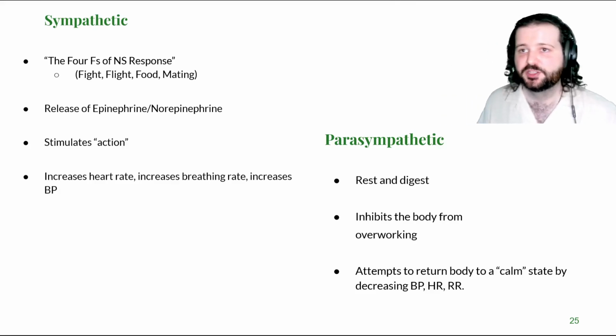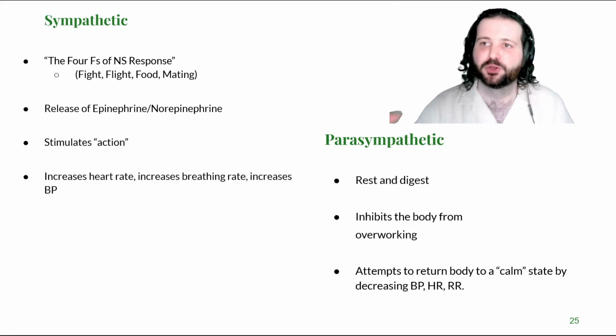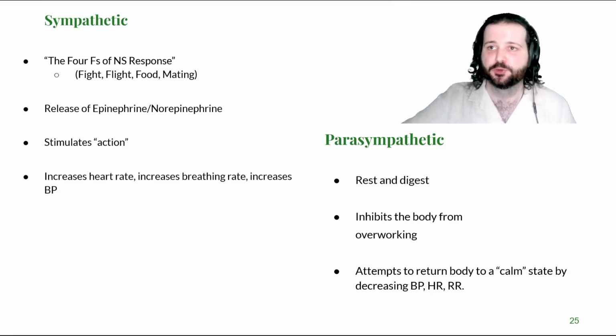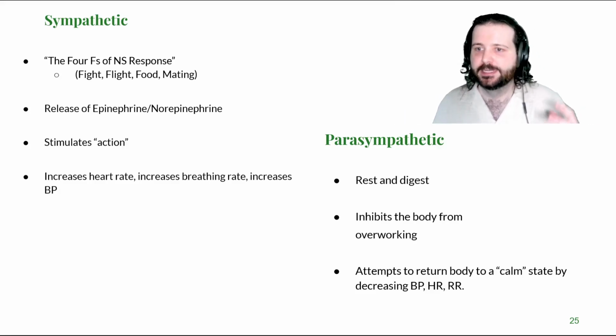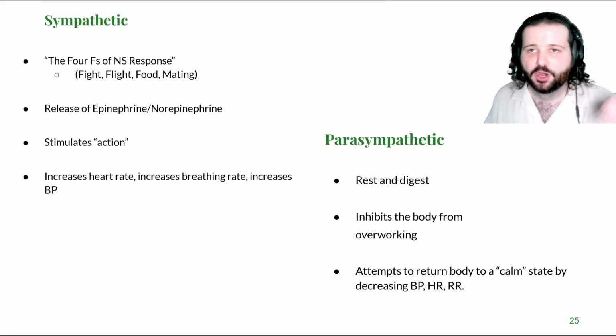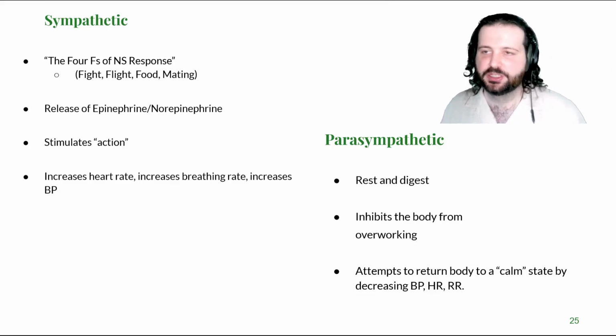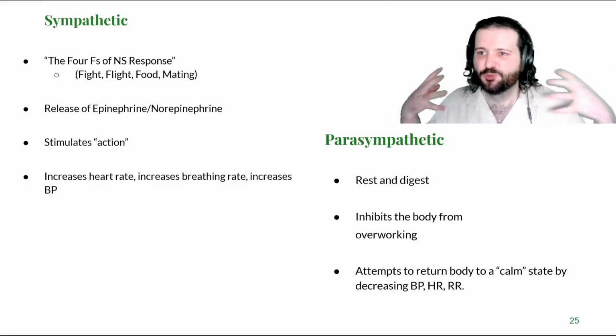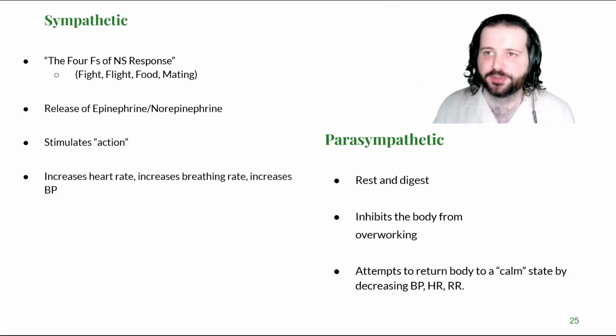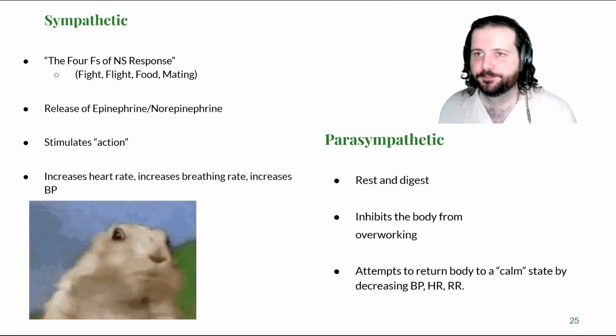And that's what the body is supposed to do. It's supposed to give you this burst of energy so that you can either run away from an issue or fight an issue, right? So our heart rate increases, our breathing rate increases, and our blood pressure goes up. We're getting ready to do something. So if you have a sympathetic nervous system response, you probably look like this guy.